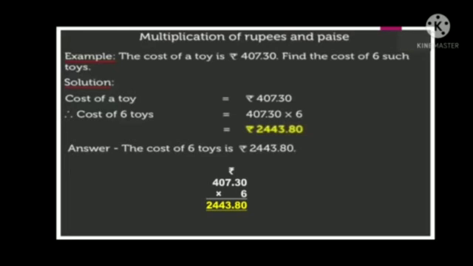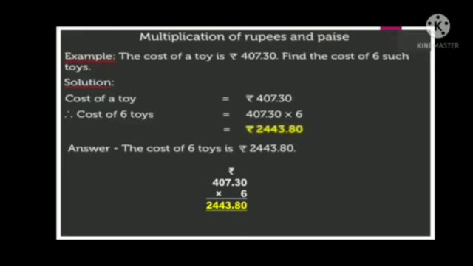For 43 we'll write 3, and 4 you will give carry to the next number. So 6 multiply the next number, which is 0. So we get 0, and we will add the carry 4. So it will be 4. Then 6 will be multiplied by 4. So it will be 24.